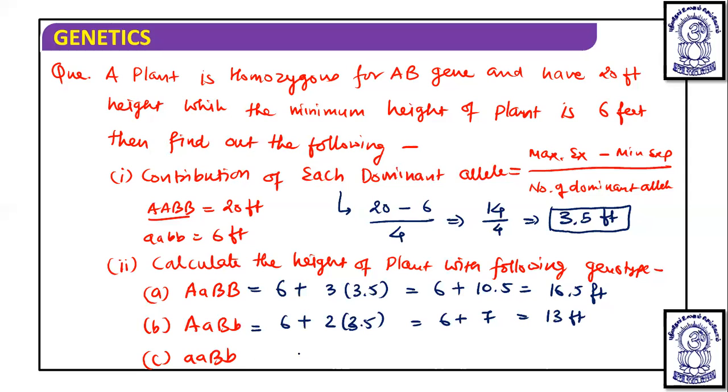Then when the genotype has one dominant, then 6 plus 3.5, so it is going to be 9.5 feet. So like this, you are going to calculate the contribution of each dominant allele and the height of the plant with the particular genotype.